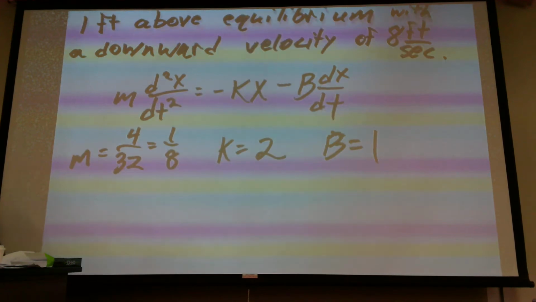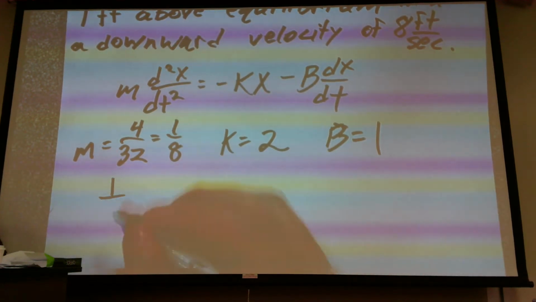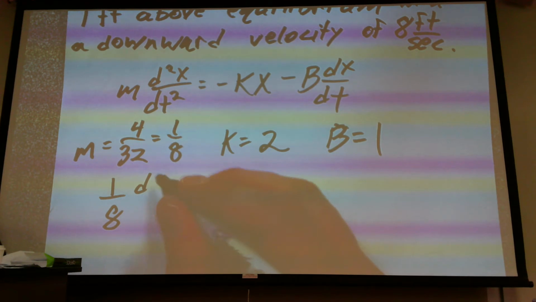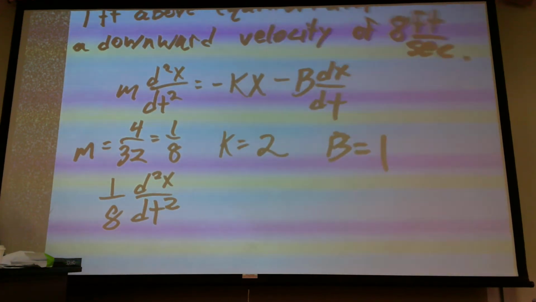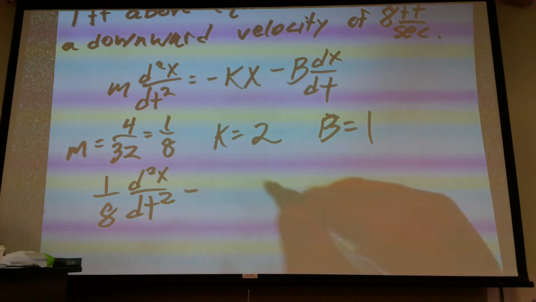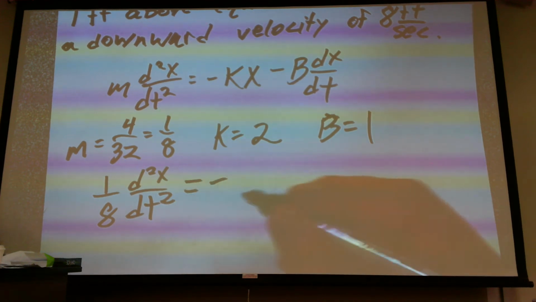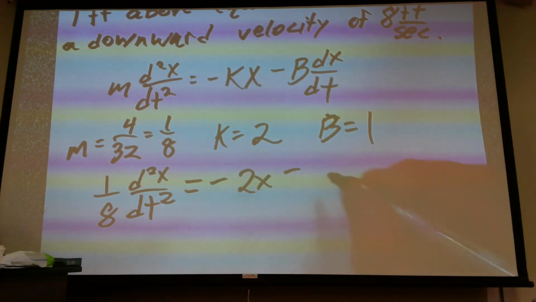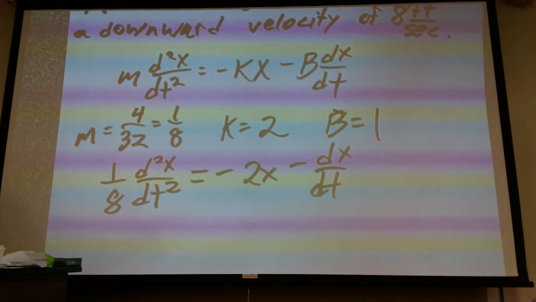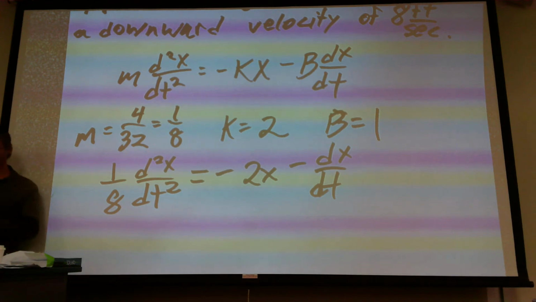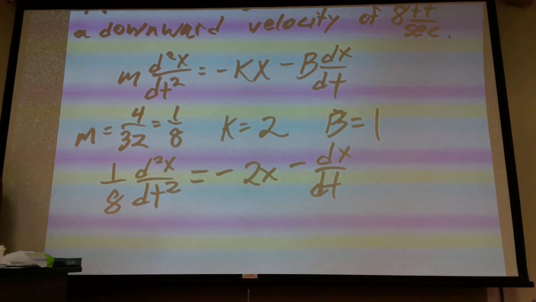Okay? So we have 1 over 8, the second derivative of x with respect to t is going to equal negative 2x minus dx/dt. Great. But I want to get everybody onto one side of the problem, so let's just move those guys over.